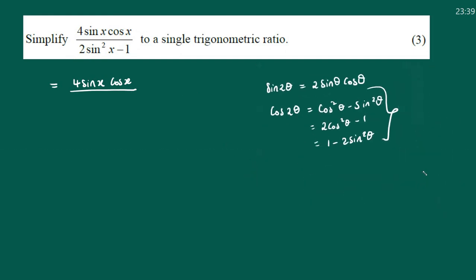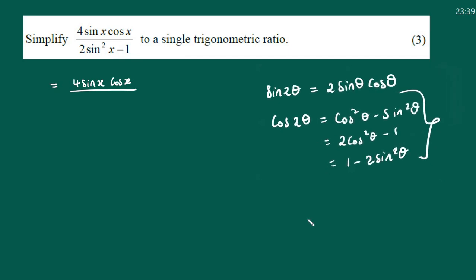When we look at our double angles, can you realize that this part, whereby you have 2 sine squared x minus 1, looks like this part, whereby you have 1 minus 2 sine squared theta? Well, we can just rewrite this part as cos 2x is equal to 1 minus 2 sine squared x.